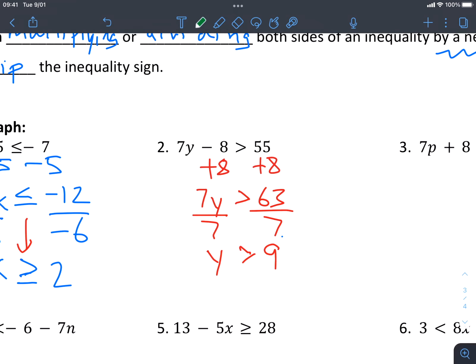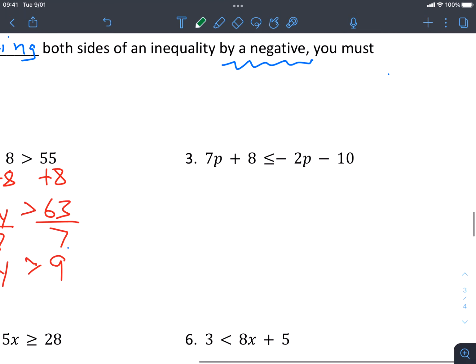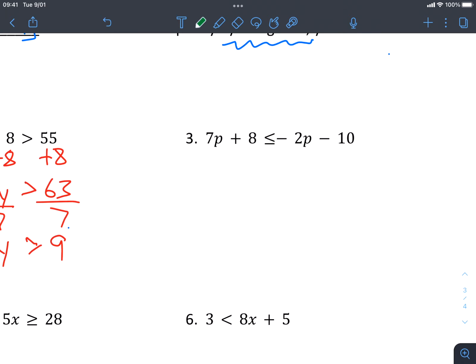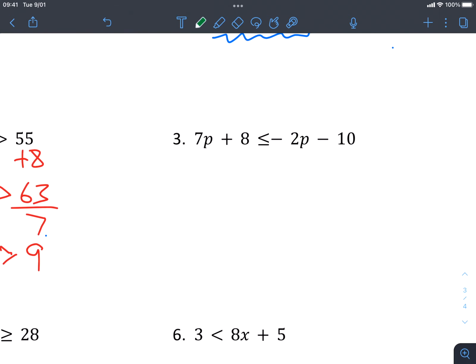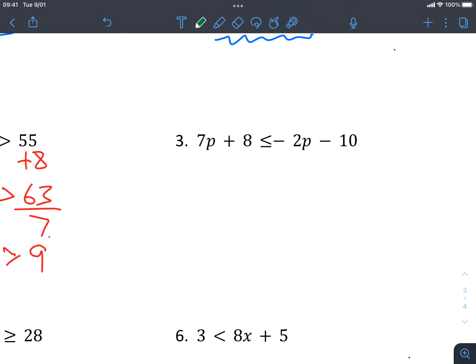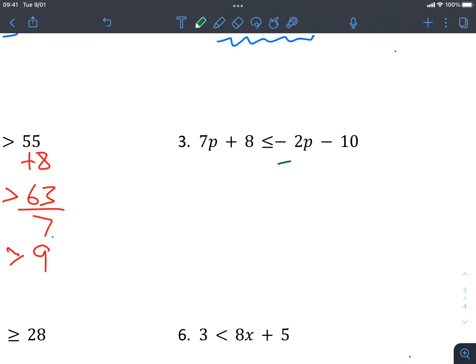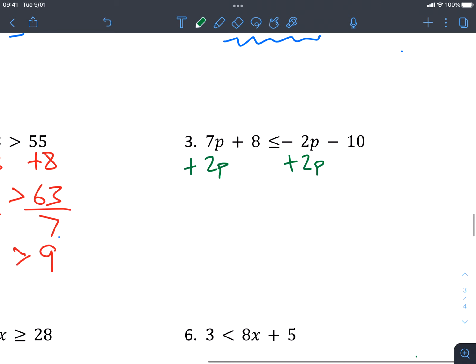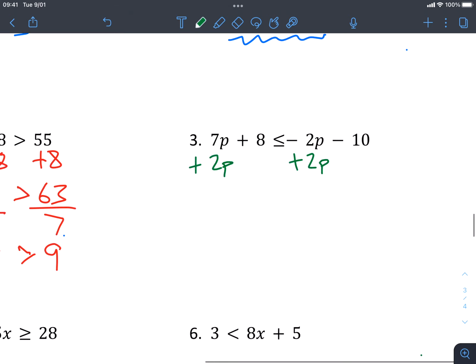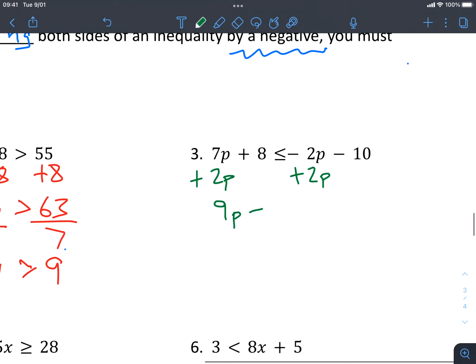Let's try again. So I have a little bit of some extra steps here. I want to make sure my p terms are on the same side and all the other numbers on the other. So first I want to add 2p to both sides. 2p here and 2p here. So I have 9p plus 8 is less than or equal to negative 10.